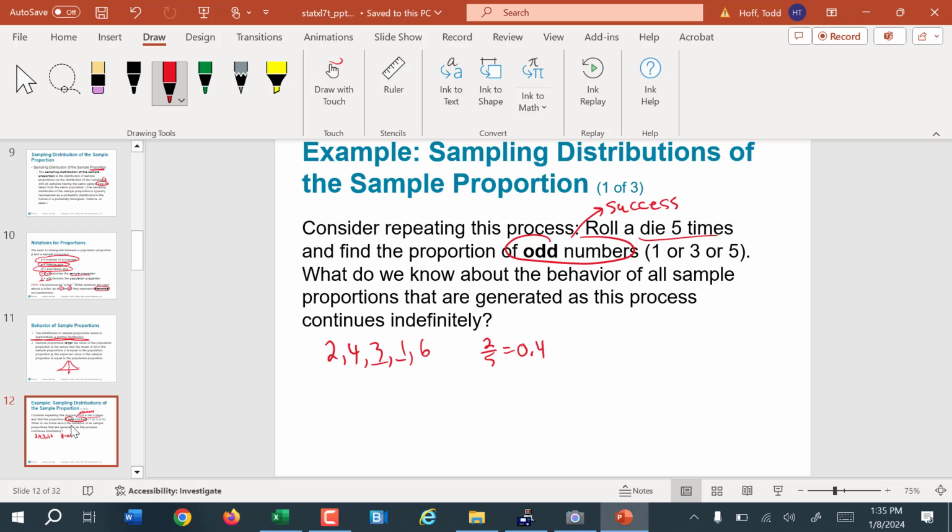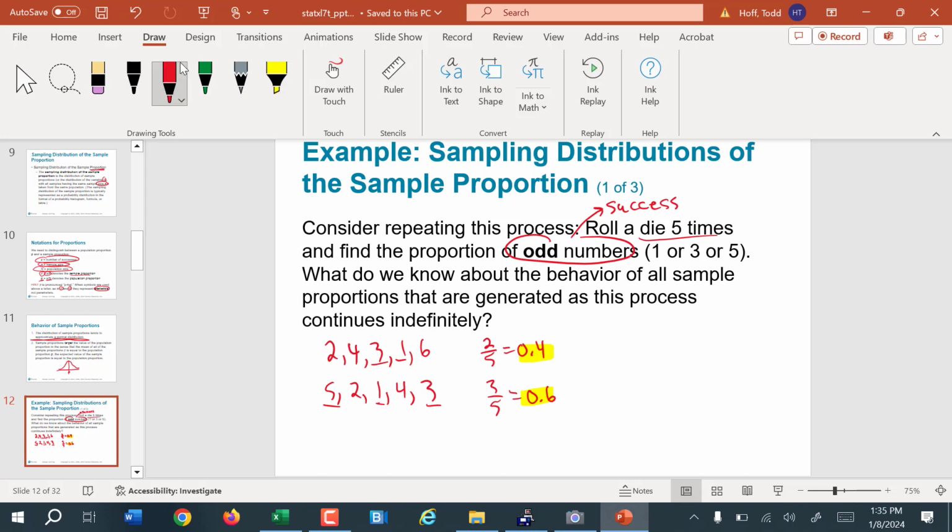The next time, we might roll a 5, 2, 1, 4, 3. There are 3 numbers there that are odd. That's 3 out of 5, or 0.6. We can keep doing this over and over again, and we would generate all these different sample proportions.